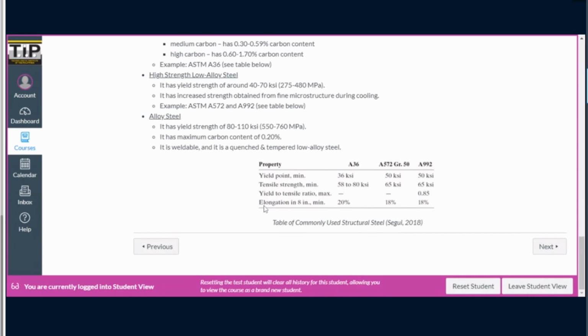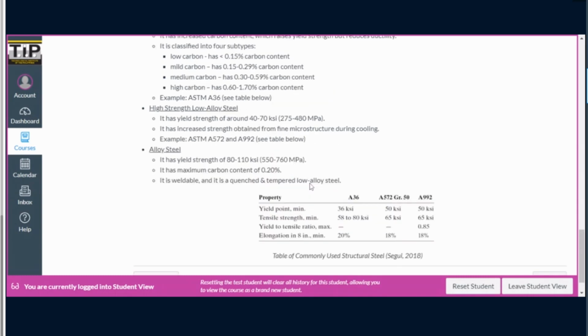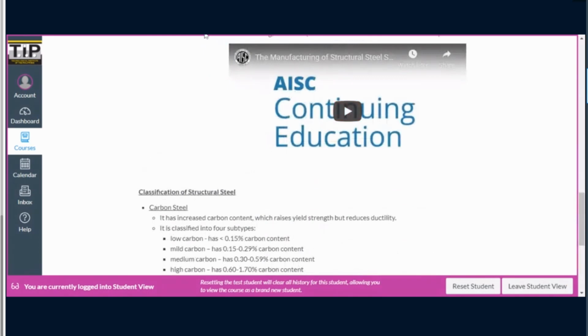What is the significance of these properties? Okay. Any questions so far? Okay, so for now, there are no questions.